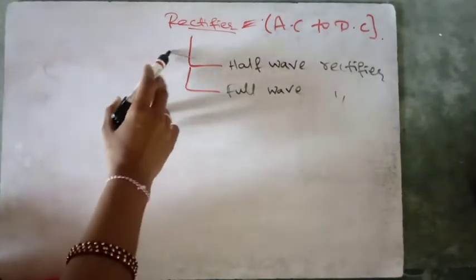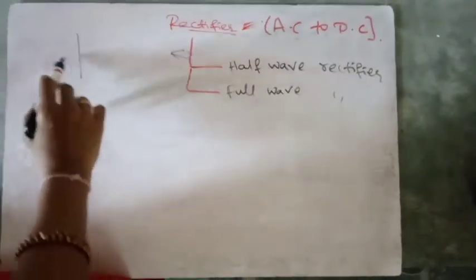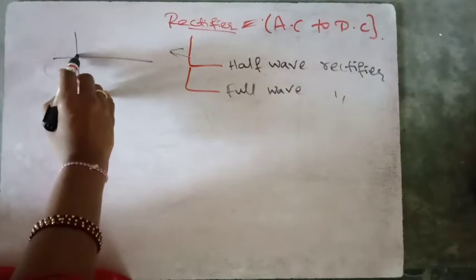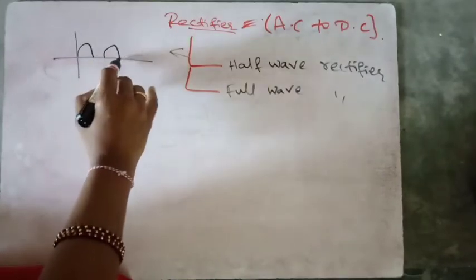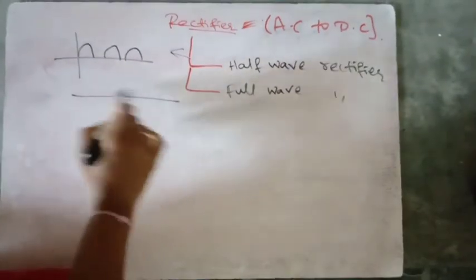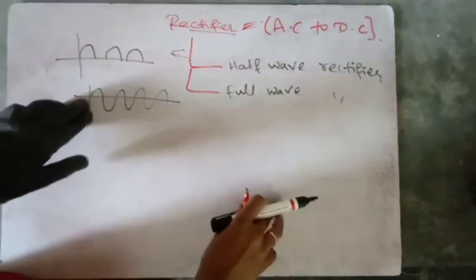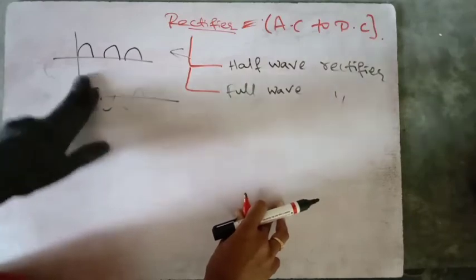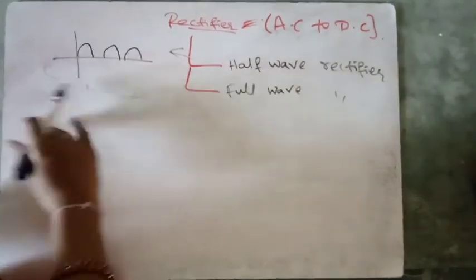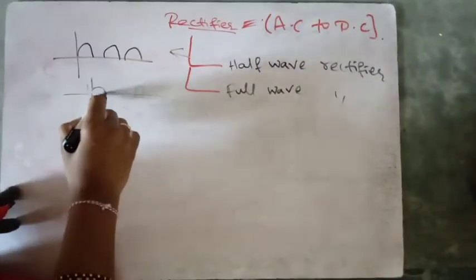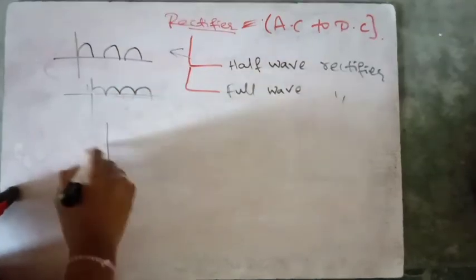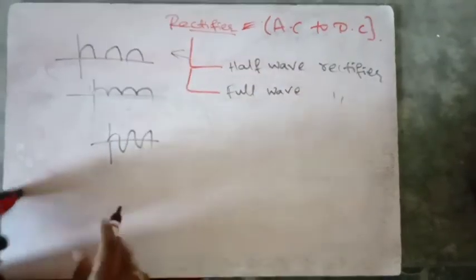Half wave rectifier means the wave contains only half wave, not a full wave. For the full wave rectifier, the wave contains the full wave, which means it will have continuous pulses.